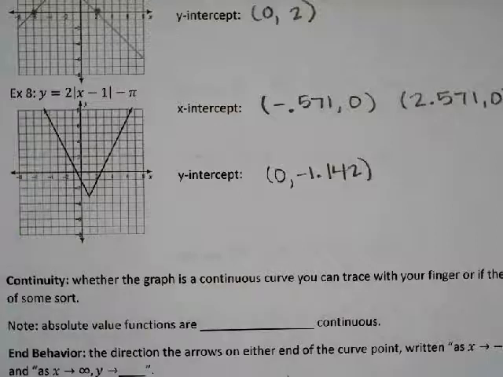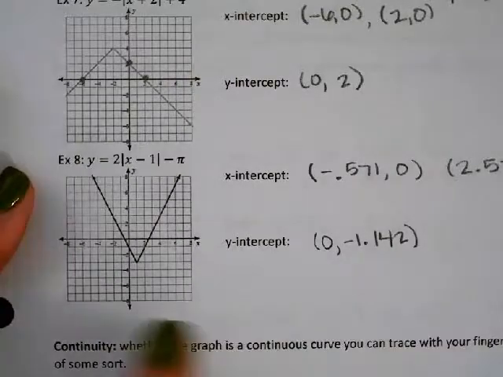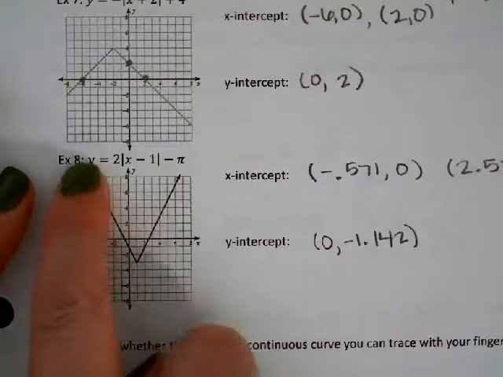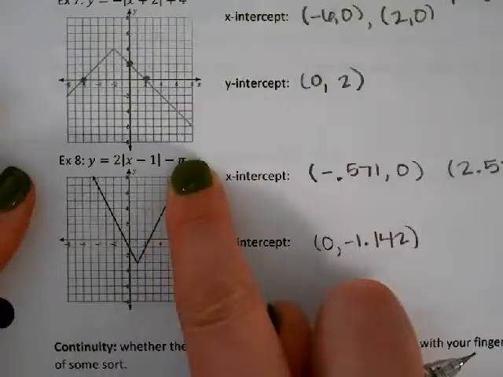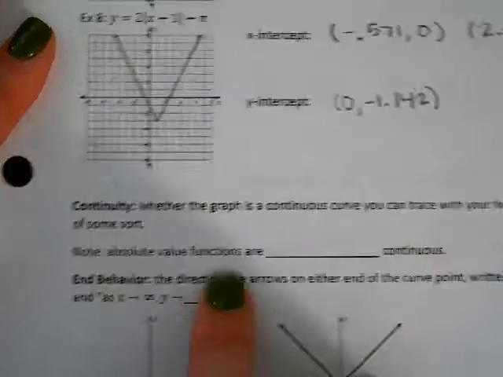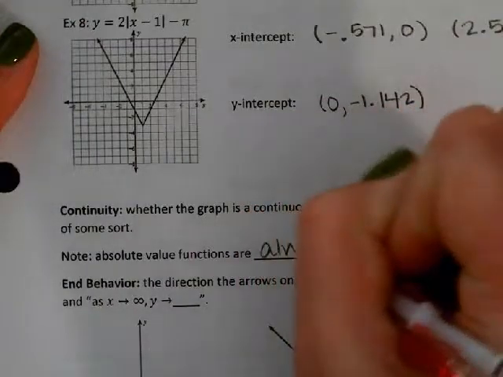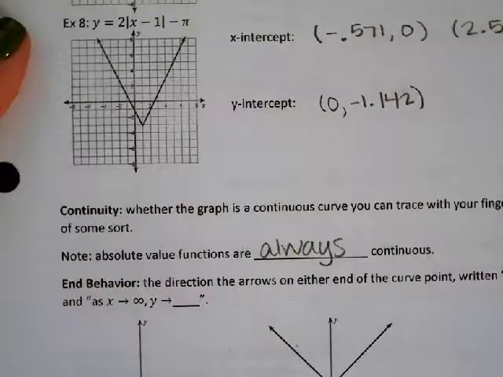All right, so this is a V-shaped graph. When I trace it with my finger, I trace the whole thing, and I didn't pick up my finger once. So absolute value functions are always continuous. It doesn't matter what transformations have happened to it, it's always going to be a continuous function.